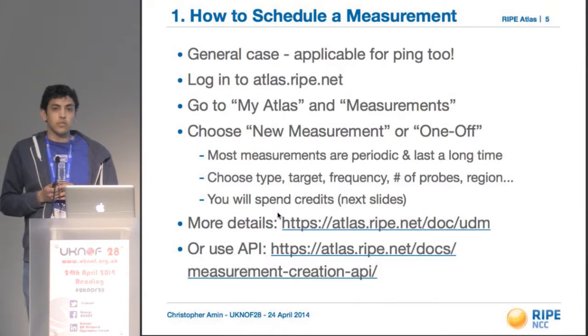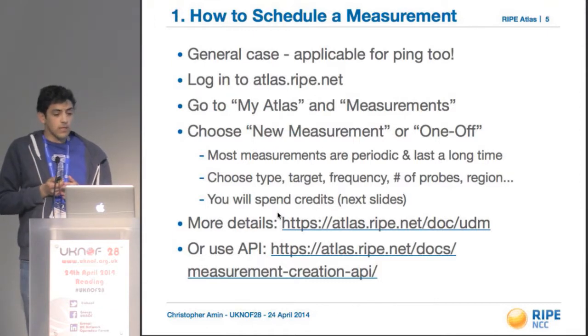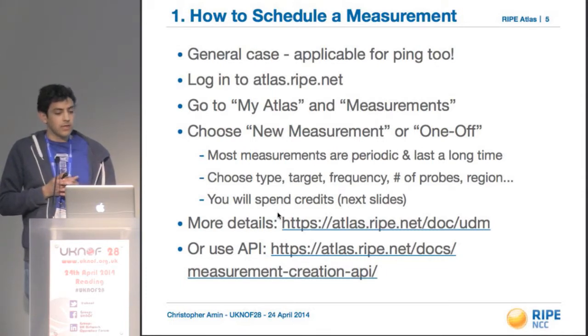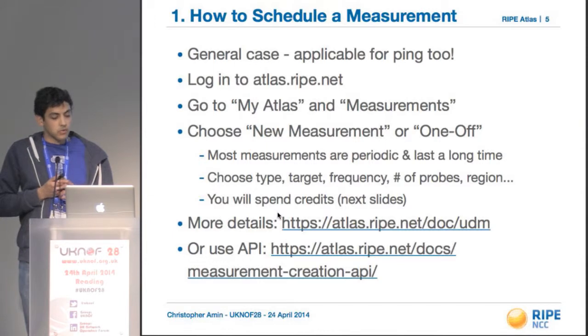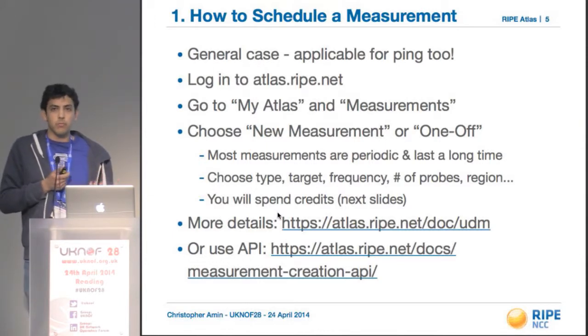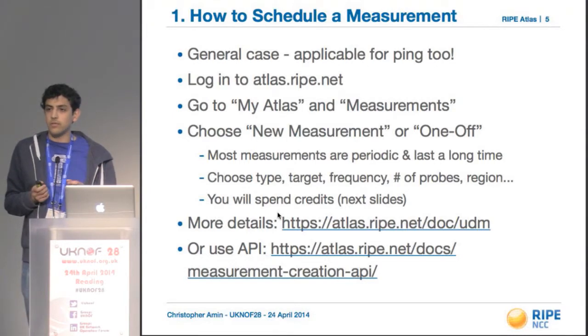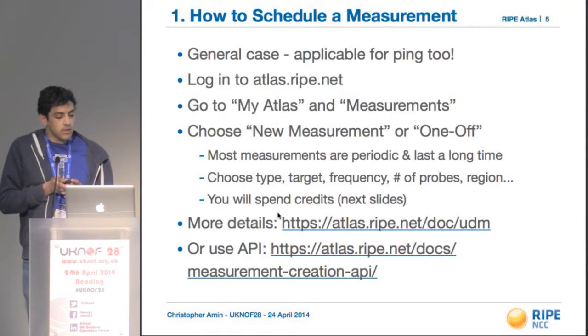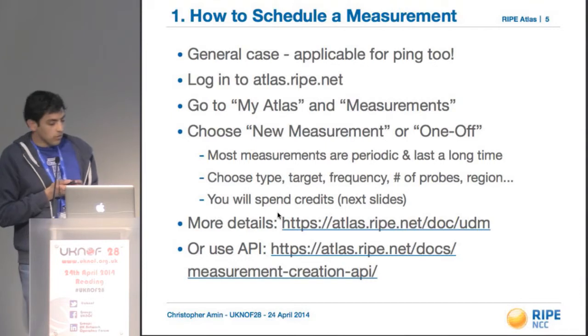So in general, to schedule a measurement, you log into atlas.ripe.net, which is where you need to go to start with all of this stuff. You can create a measurement, you can choose the period, you can adjust all the different parameters that you want to. The documentation's all there.